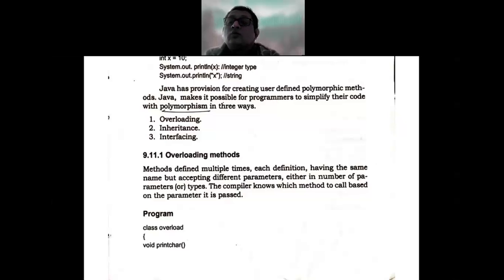But if the total number of parameters is the same and the parameter data types are also the same, that cannot be. For example, no matter if you define int x, int y and then in the second function int a, int b, that will not be accepted. So class overload is an example. void print character.